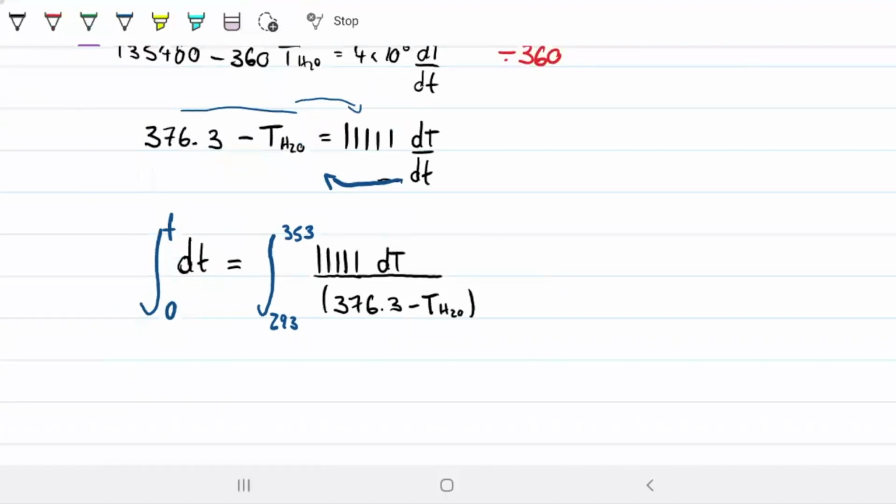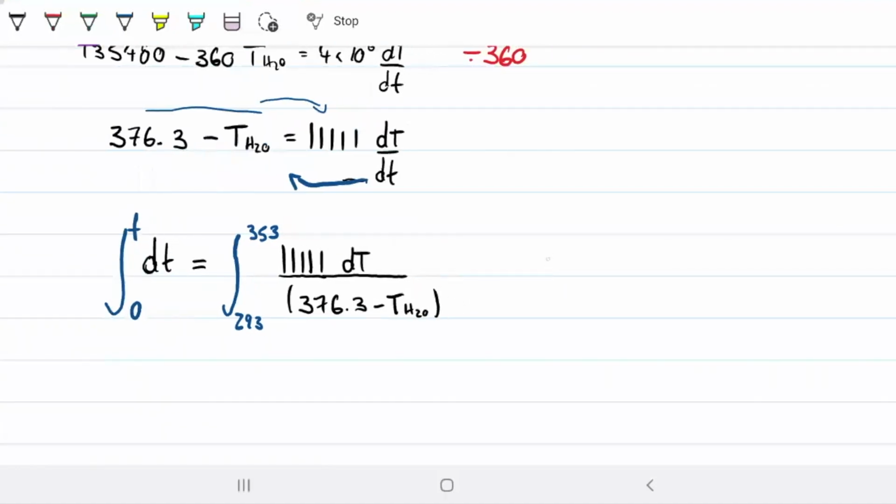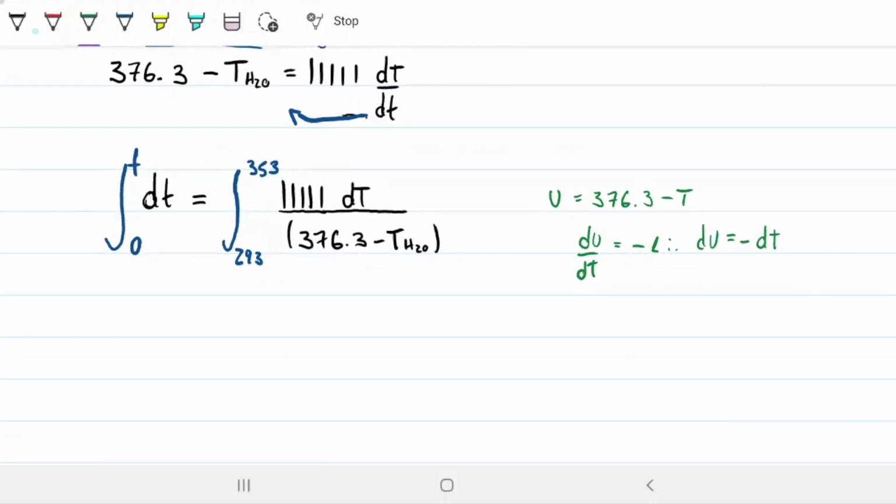If you guys recall, I'll quickly show how you do it. You do U equals 376.3 minus T, and then dU/dT equals minus 1, so therefore dU equals minus dT, and then you can solve using substitution as a simple integral. So what does this turn out to be?